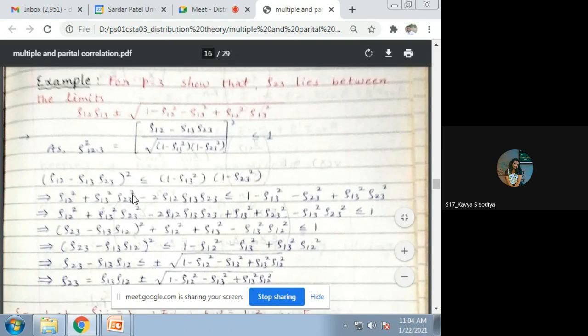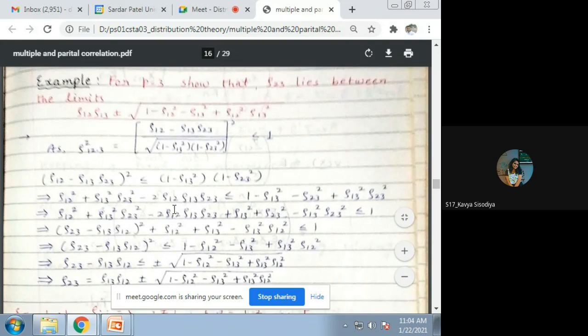Let us check. I will take all the terms to the left hand side. So this minus minus becomes plus, and this plus becomes minus, which is less than or equal to 1. Now my basic idea is that I wish to show that rho 2 3 lies between some limits. So I will take the term rho 2 3 square, then minus 2 rho 1 2 rho 1 3 rho 2 3, and the term rho 1 3 square rho 2 3 square together.